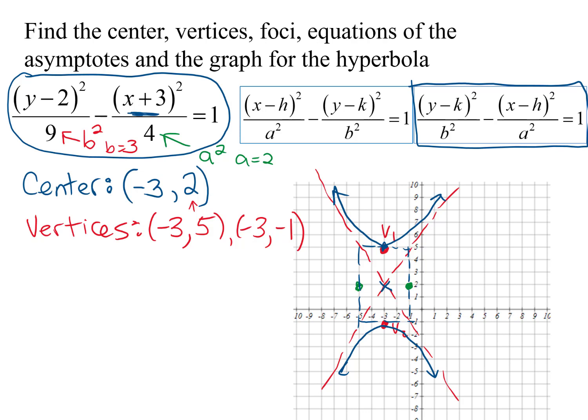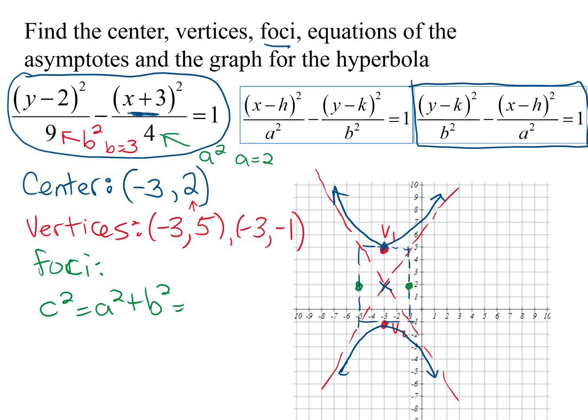Now I'm going to answer the other things it asked. It asks for the foci. The foci are located inside each branch of the hyperbola, and they are c away from the center. So let's go ahead and find the foci. And the connection is c squared equals a squared plus b squared.